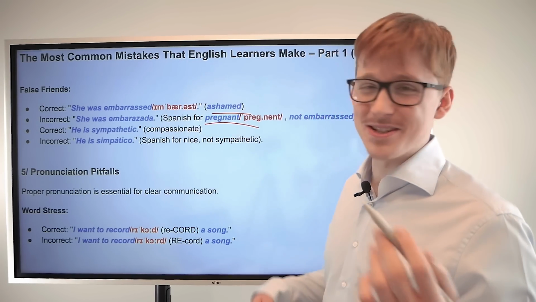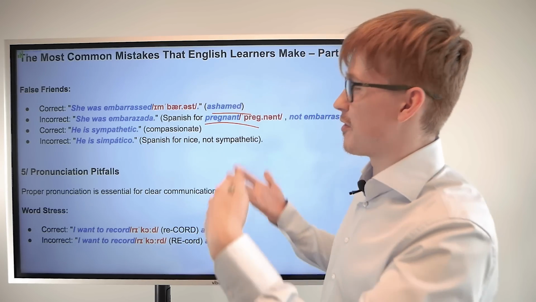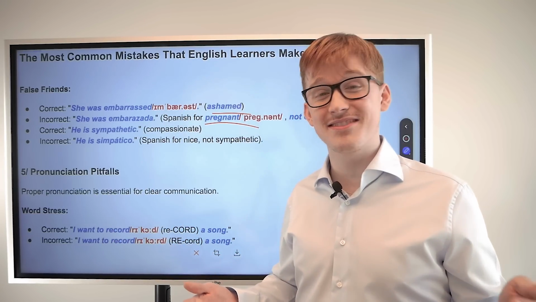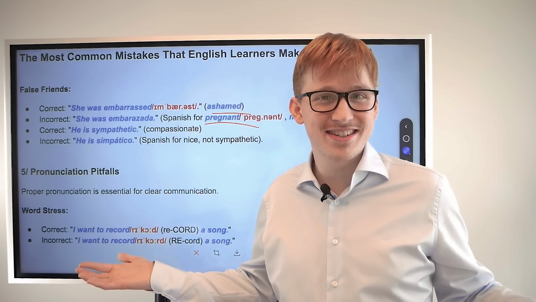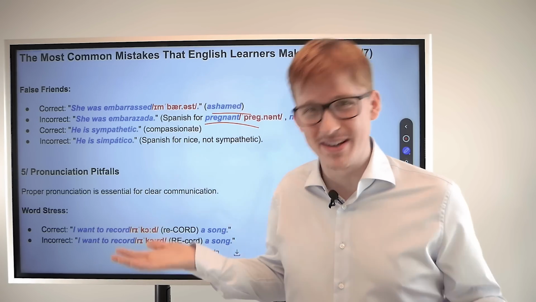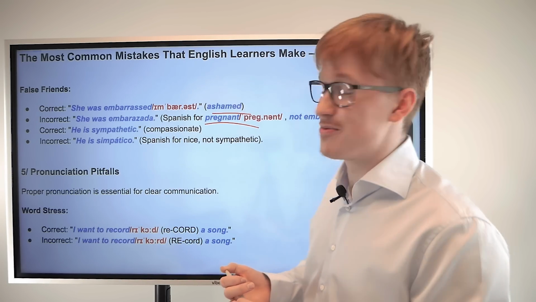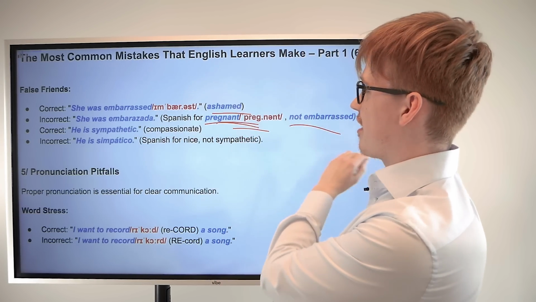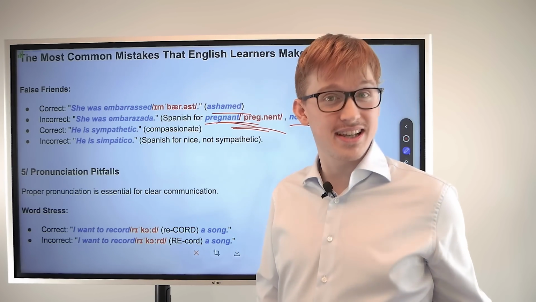So just be careful when going from Spanish to English, that if you're saying that someone is pregnant, maybe don't say that they're embarrassed, because it might not be the best thing to say to them. But I'm sure that they would understand. But it's good to know. So it's not embarrassed, it's actually pregnant in Spanish.